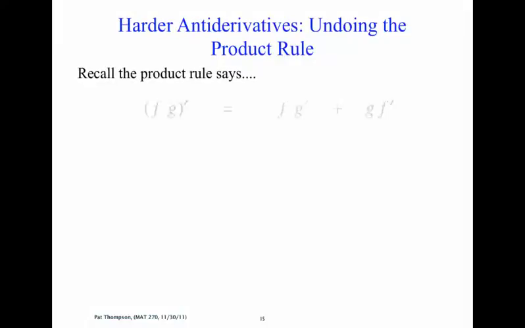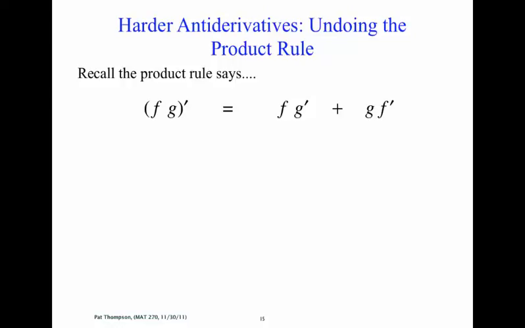Okay, so recall the product rule. It says that if you have a product of functions, it's not the derivative of the first times the derivative of the second, right? It's the first times the derivative of the second plus the second times the derivative of the first. So if we were going to just do antiderivative across the board here, we're going to do a technique that's something like undoing this.